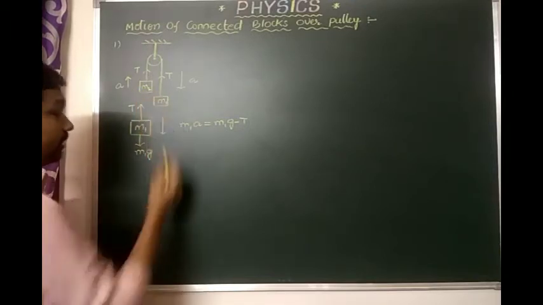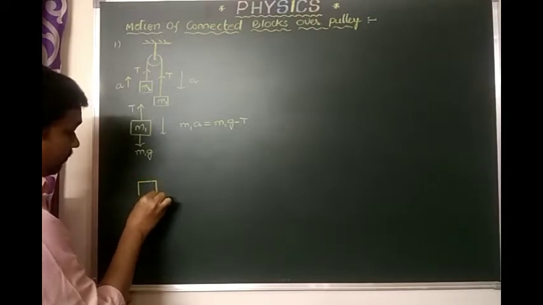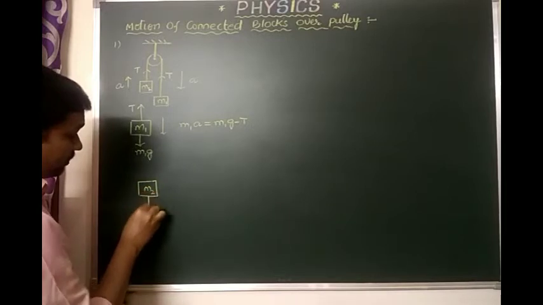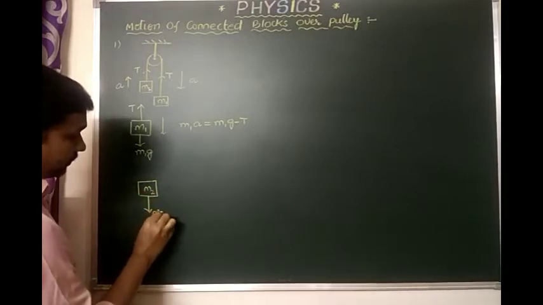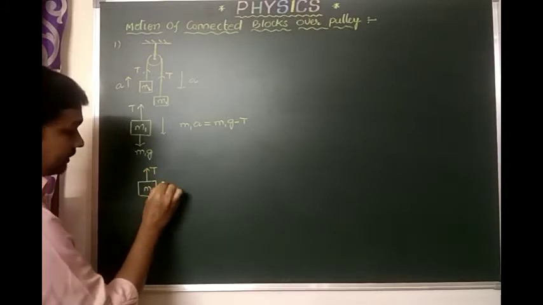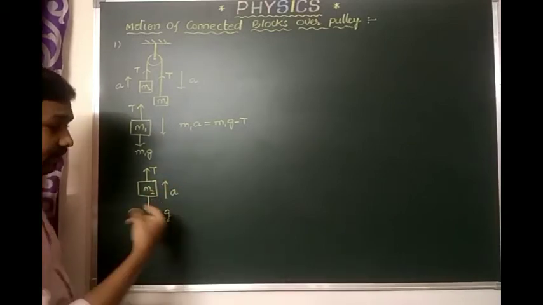Coming to the second free body diagram, the weight of the body always acts downward, m2g. Tension is in the upward direction and acceleration is also upward. We will get one more equation for this.